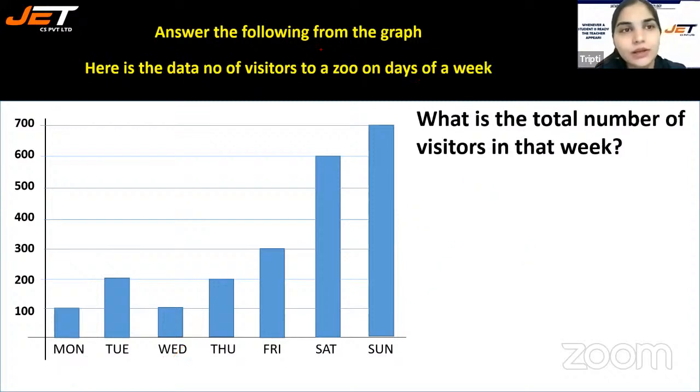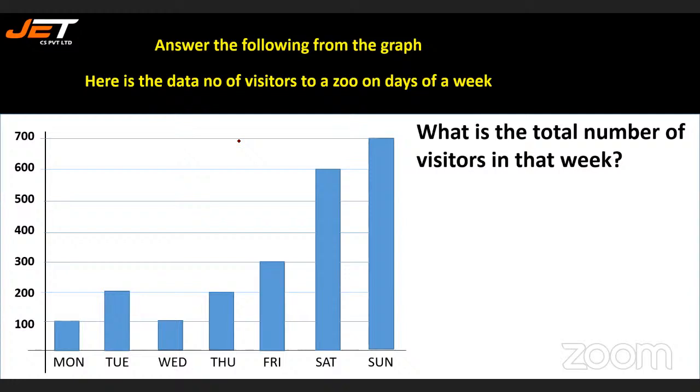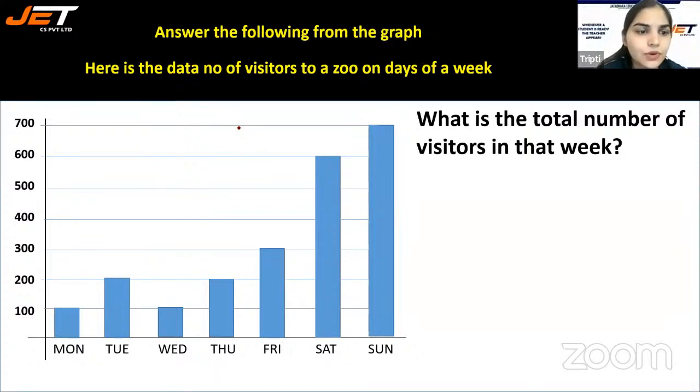Come on, find the total. So on Monday, we have 100, Tuesday 200, Wednesday 100 again, Thursday 200, Friday 300, Saturday 600, and Sunday 700.